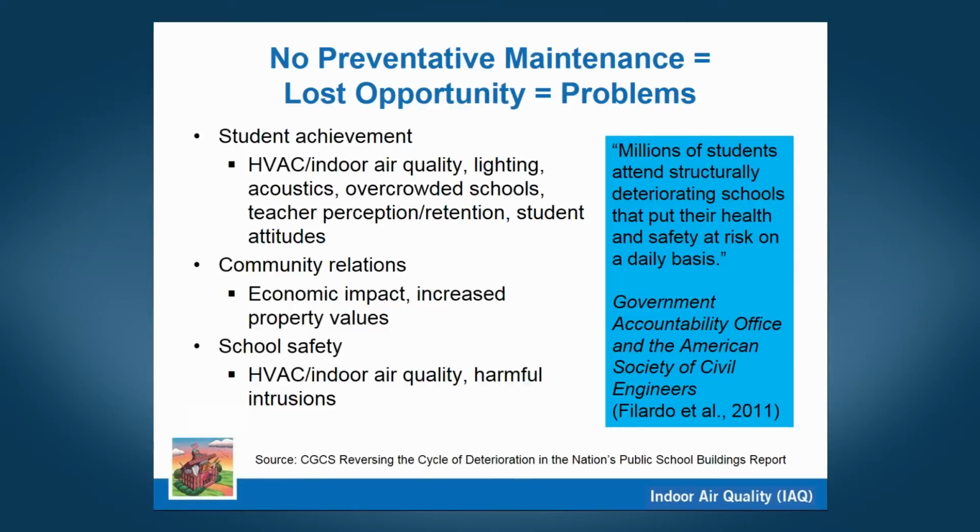One interesting fact that I actually would like to read directly from the report says, studies indicate that every $1 of preventative maintenance that is deferred will result in $4 of expenditures to ultimately repair or replace those building systems. So basically, it's saying if we don't do it now, we may be quadrupling the expenditures for any issues that we see in our buildings.